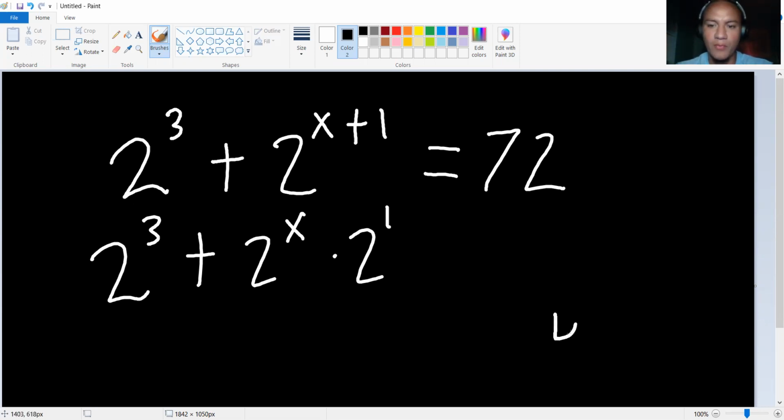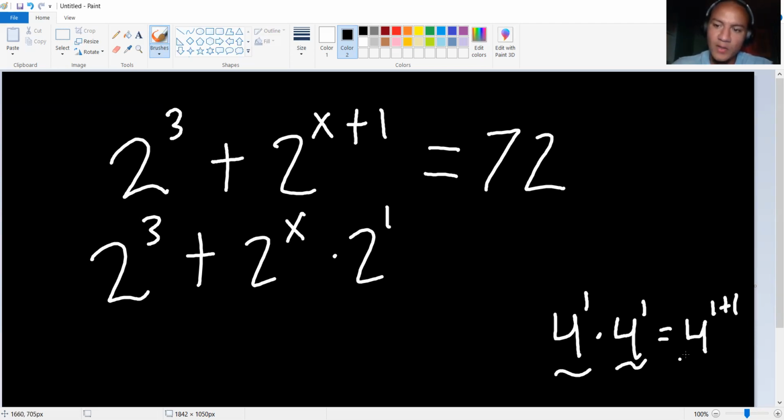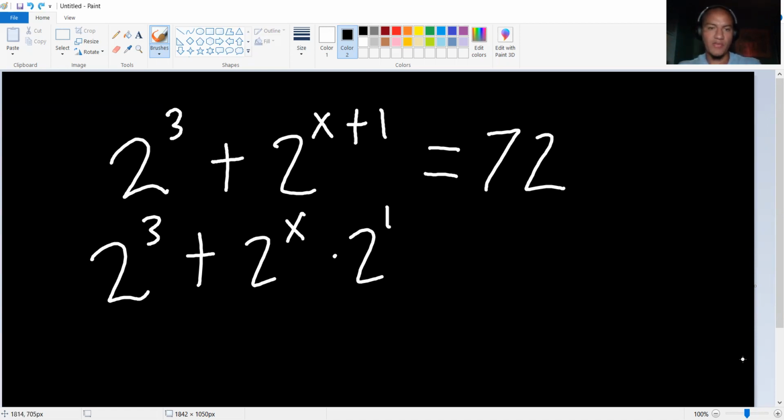For example, 4 times 4 is really 4 to the first times 4 to the first. Because they're the same base, we can add their exponents. So you get 1 plus 1 equals 4 to the second, and everyone should know that's 16. So that's what I did here. I just simply went backwards one step.